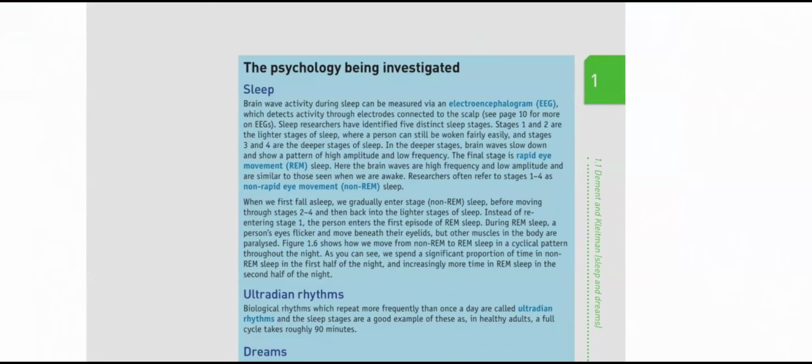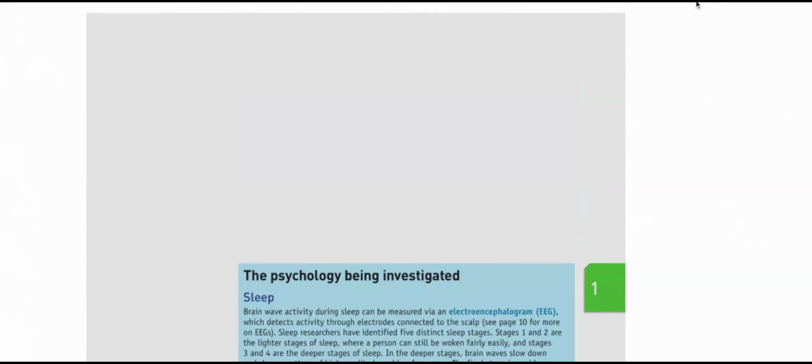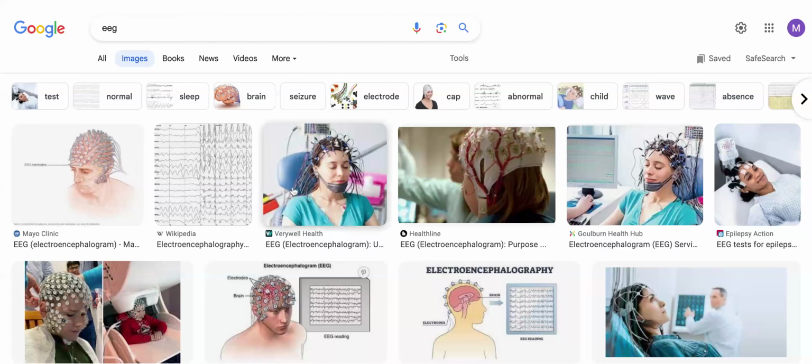So first thing that you need to know, actually we'll read sleep and then we can understand it better. Brainwave activity during sleep can be measured via an EEG. Do you know what an EEG is? I'll just show you one. This is what an EEG is.